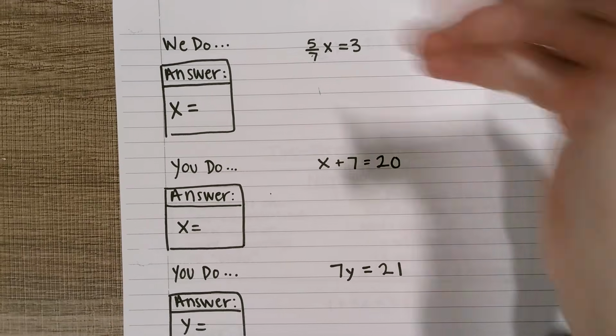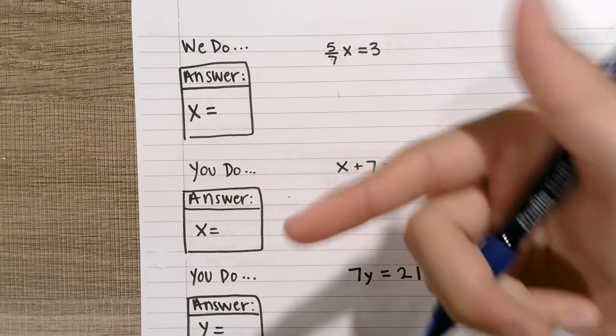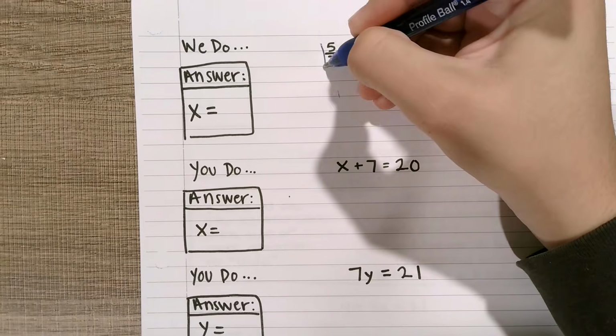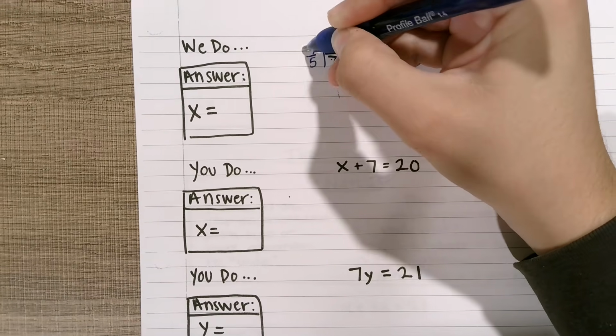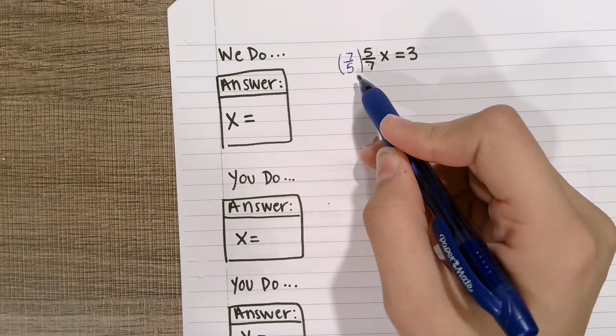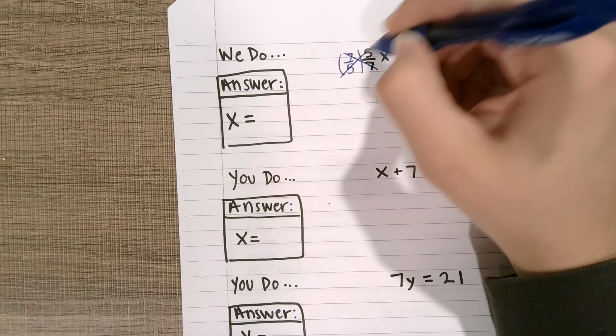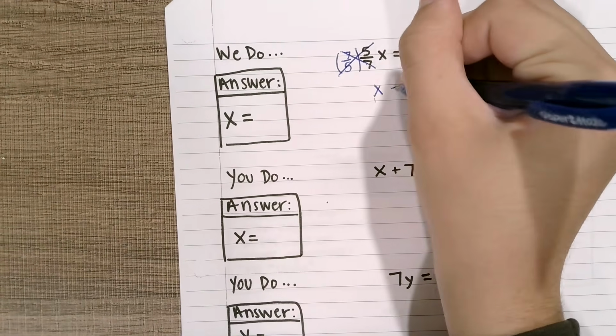Okay? So if it's 5 over 7, the reciprocal would be 7 over 5. If you put this in the calculator, you would see how it cancels out to 1, leaving that x by itself, which is what we want.